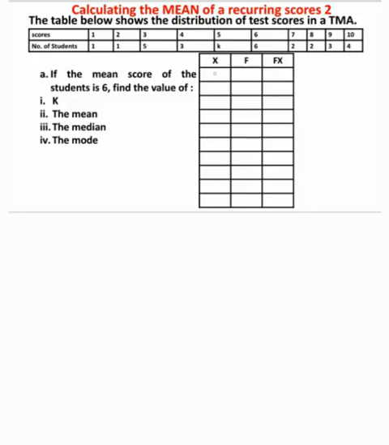So we can simply put them in now. 1, 2, 3, 4, 5, 6, 7, 8, 9, and 10. And we have 1, 1, 5, 3, k, and we have 6, we have 2, 2, 3, and 4.